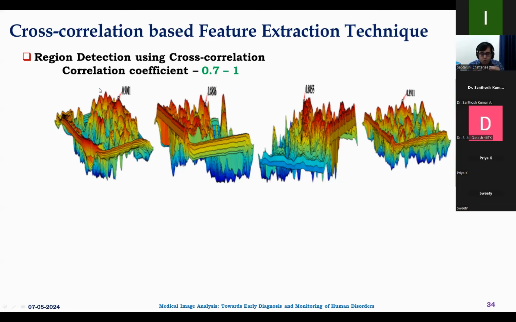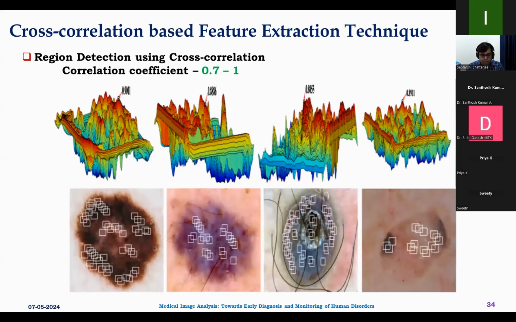That means how similar those regions, those features are, within that particular image, whether that image has those specific types of information present or not. So depending on that correlation coefficient, we have identified different regions in those four different disease classes, and from each of those regions we have extracted different histogram based features.